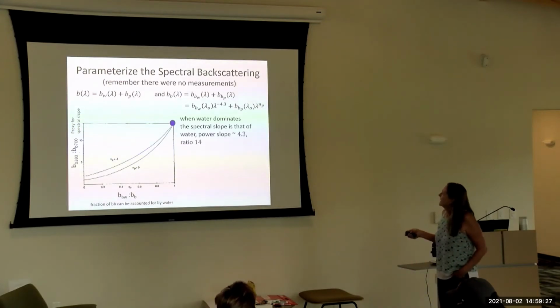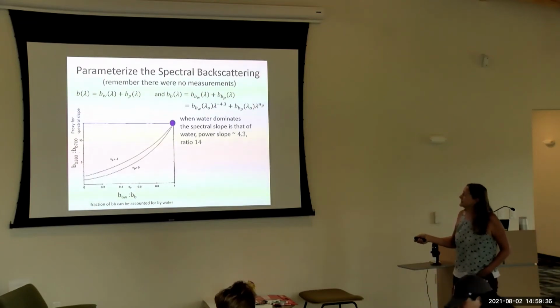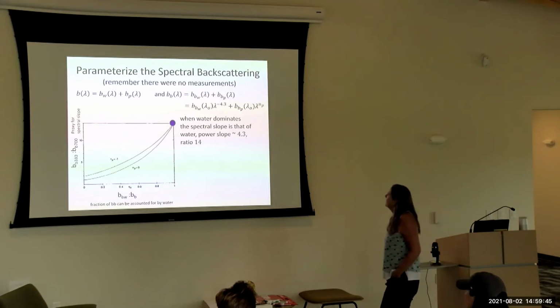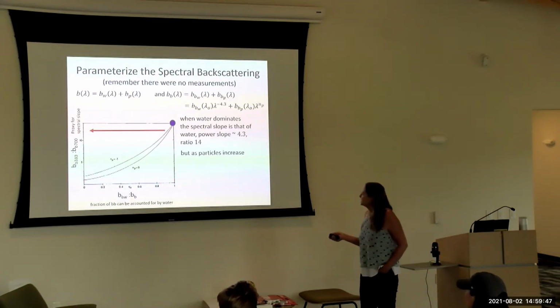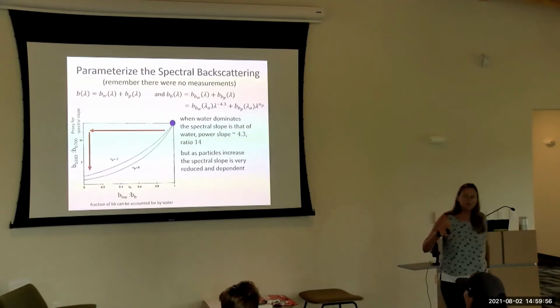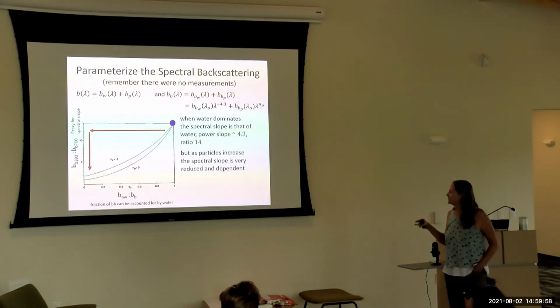And what it says is that when water dominates over here, at this point here, the spectral slope of water, which we know is 4.3, leads to this 380 to 700 ratio of 14. Is 14 magic? No. If they just put 2 on the... and as you increase the particles, which means you're moving this way, the spectral slope is reduced, and it's reduced down to that value for pure particles.